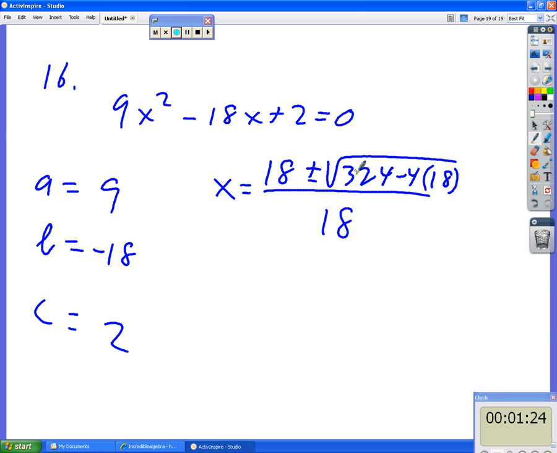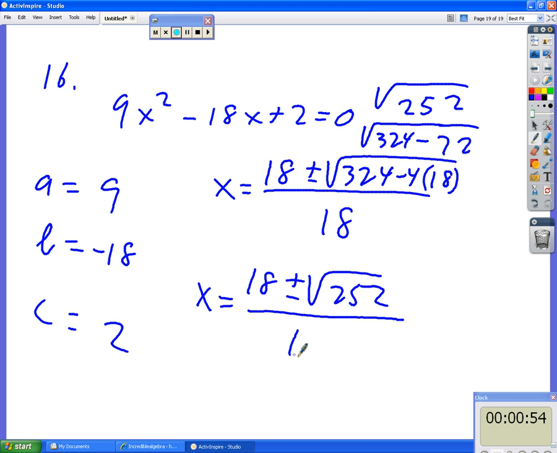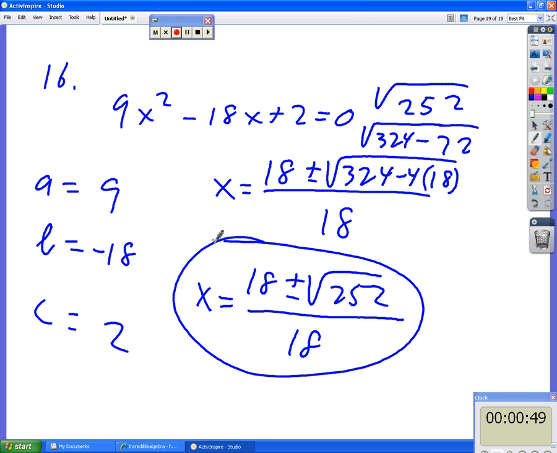So this is now the square root of 324 minus 72. Subtract 72 from 324. I get 252. So I have x is equal to 18 plus and minus the square root of 252 all over 18. And we'll take that for an answer.